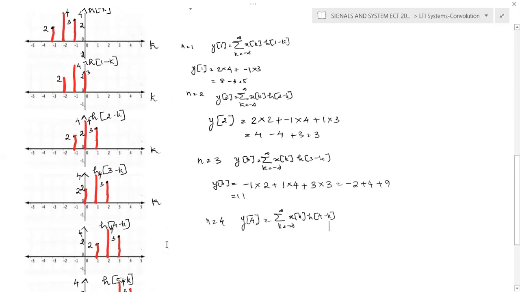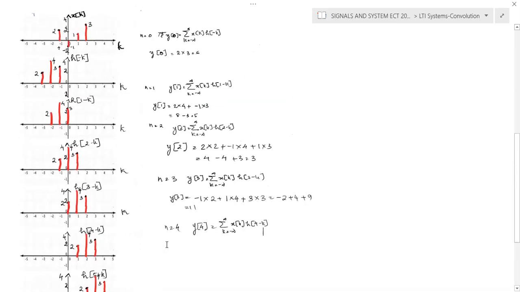Now we need to multiply the corresponding signal values. If we consider x of k and h of 4 minus k, the non-zero magnitude starts from 1 onwards. So you can write y of 4 is equal to 1 into 2 plus 3 into 4. Okay, and after that you will get 0. So 2 and 12, so you'll get 14.